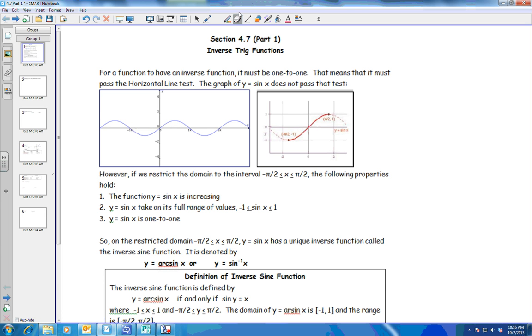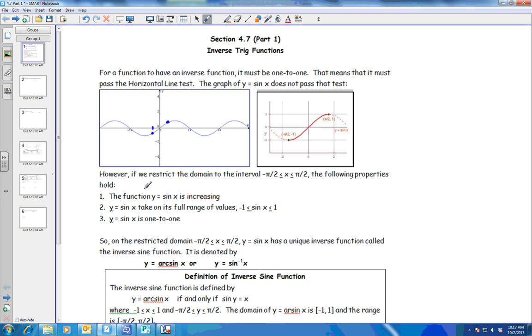Okay, so if I look at just a certain part of the sine graph, let's look at just the part from negative pi over 2, somewhere around here, to positive pi over 2, somewhere around here. I have that part of the sine graph right here.